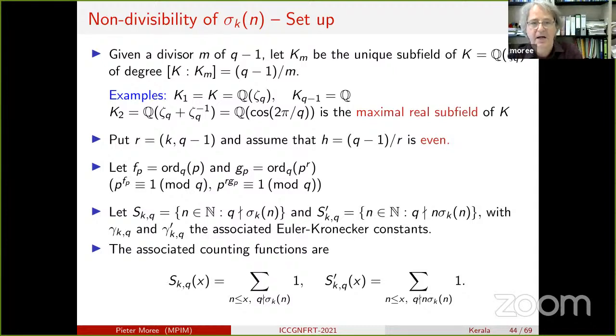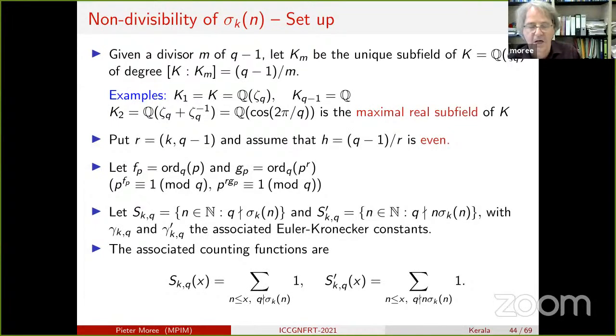So I need to say a little bit about some notation, unfortunately. We look at the subfields of the cyclotomic field Q zeta m, and then we define K sub m to be the unique subfield of degree q minus 1 over m.